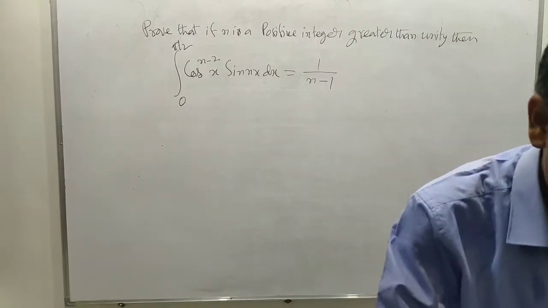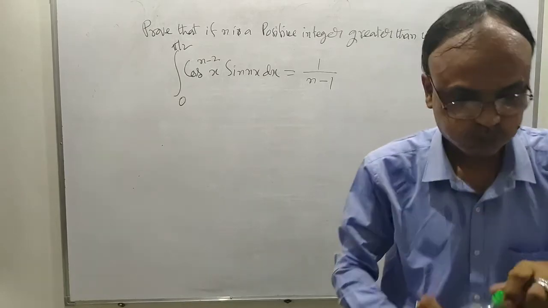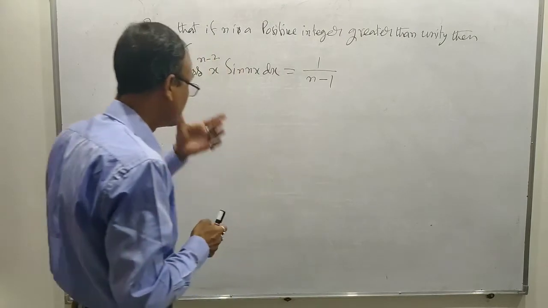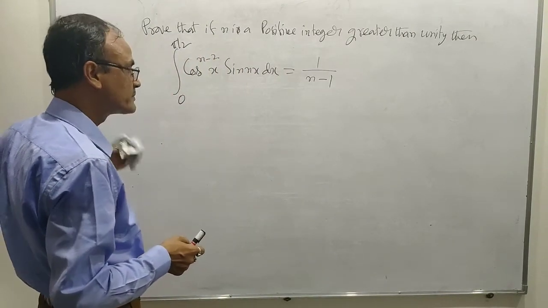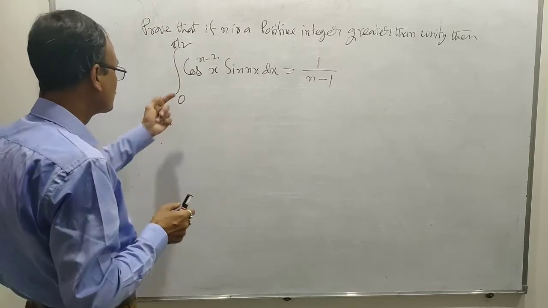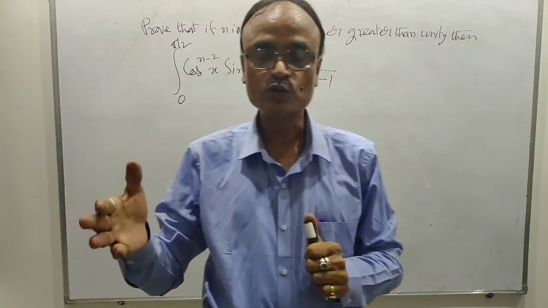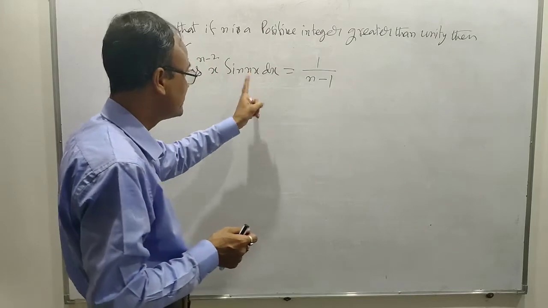So, we have to show that the integral from 0 to pi by 2 of cos to the power n minus 2 x into sin nx dx is 1 by n minus 1.